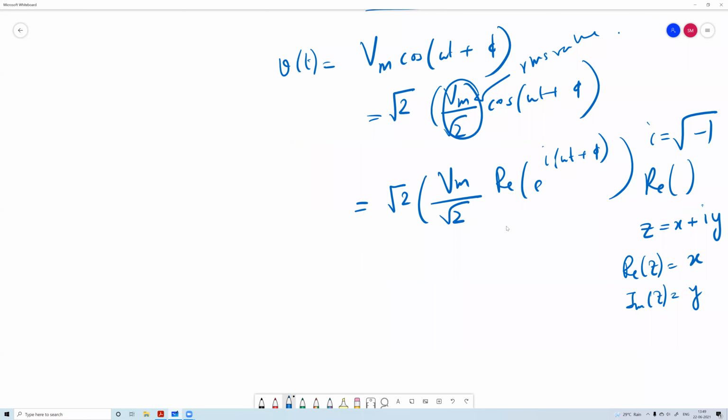Suppose I have a complex number z, which is x plus iy. Complex numbers are studied in maths, I hope. Yes, sir. Okay. So we can write a complex number in this way, z equal to x plus iy. It is possible to express a complex number also in this form.